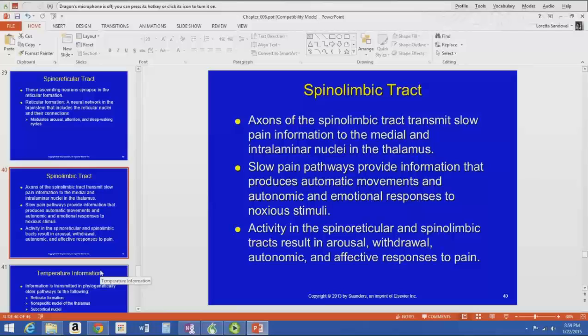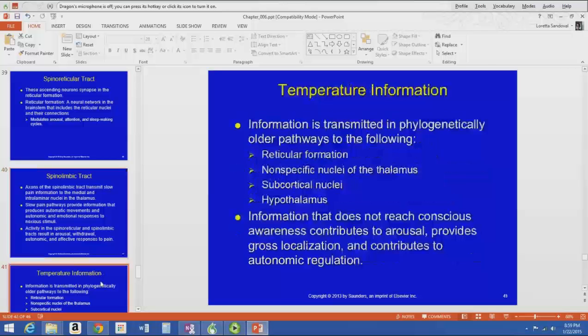So the thalamus, it's going to become conscious information, and they provide that information that produces automatic movements and emotional responses to the noxious stimuli. So the automatic movements being withdrawing from the pain and then having that emotional response. So the Spinoreticular Tract and the Spinolimbic Tract both affect arousal, withdrawal, autonomic, and affective, meaning emotional, responses to pain.